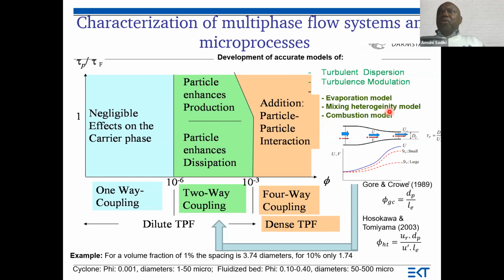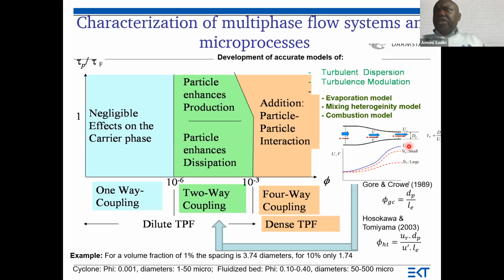And if we have an evaporation process, then we have an evaporation model. We will come to this in the next chapter, where we will deal with the phase change process, and we will see how we can track the mixture formation by introducing some mixing heterogeneity model, and at the end we will also consider a combustion model.